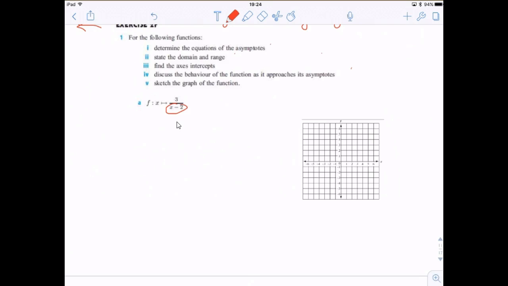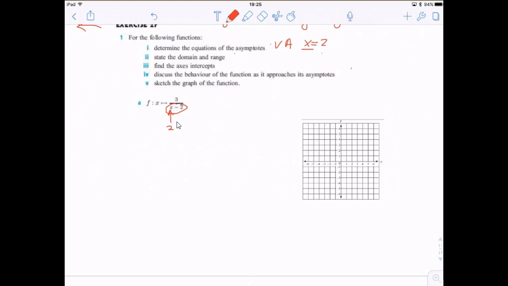For some values of x, x minus 2 becomes 0, and then we would have 3 over 0, which would be infinity. Okay? So the value that we could put into x that would make x minus 2 go to 0 happens to be x equals 2. So if we put 2 there, the denominator is going to be 0. And then we're going to have 3 over 0, which is positive infinity, right? Which would be a reason to say that there's an asymptote here, a vertical asymptote. Okay, so we know that the vertical asymptote is x equals 2.